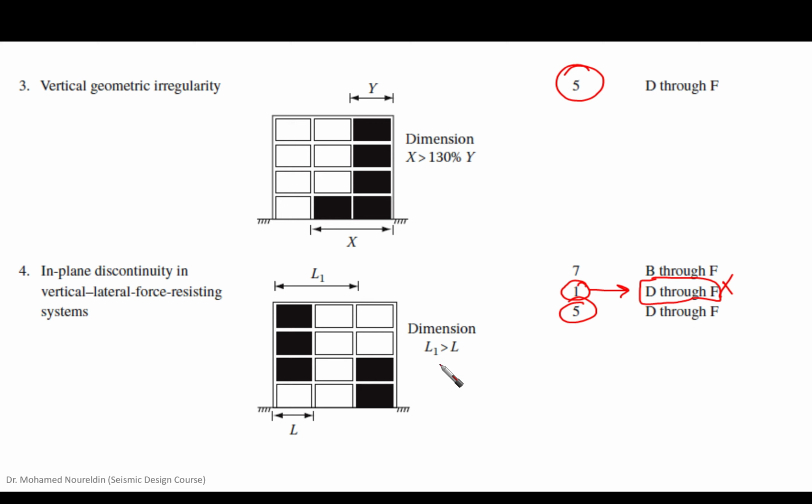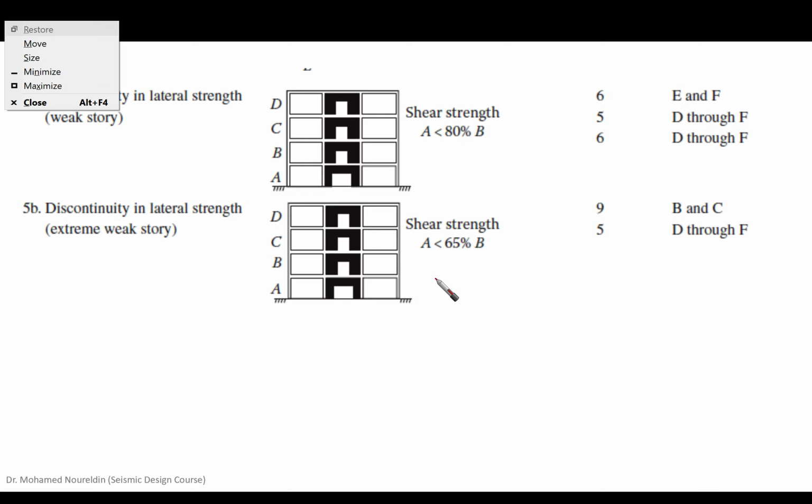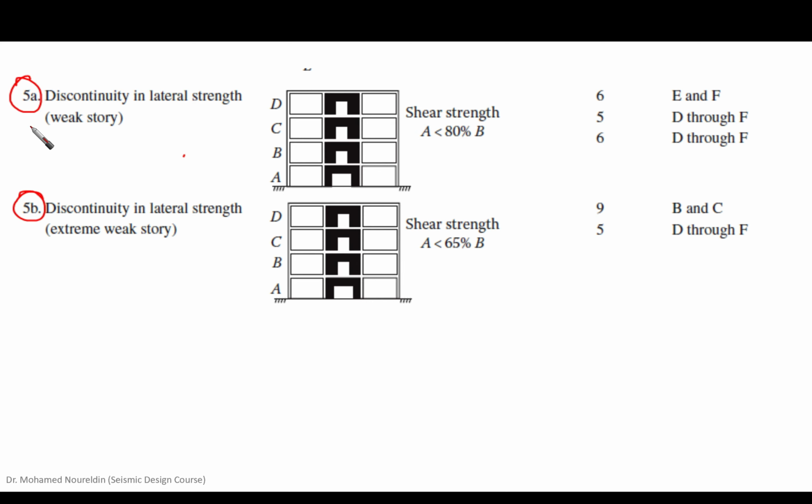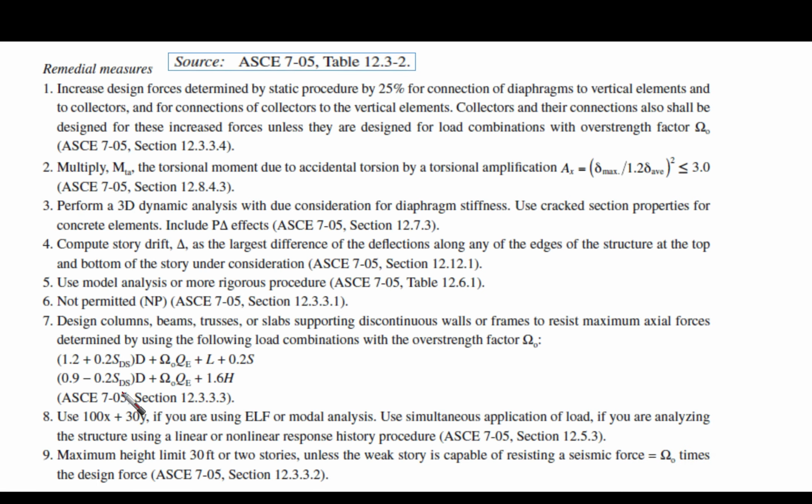Let's go to the next one here, which is vertical irregularity type 5A and 5B. As we said, 5 here means more rigorous or modal analysis. 6, it's not permitted. And we said that 9, let's check 9. What is the meaning of 9?